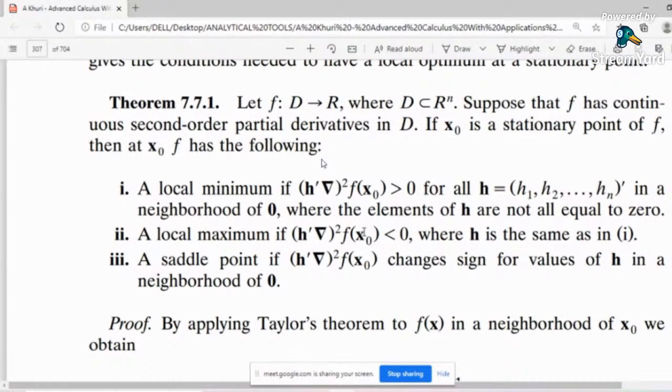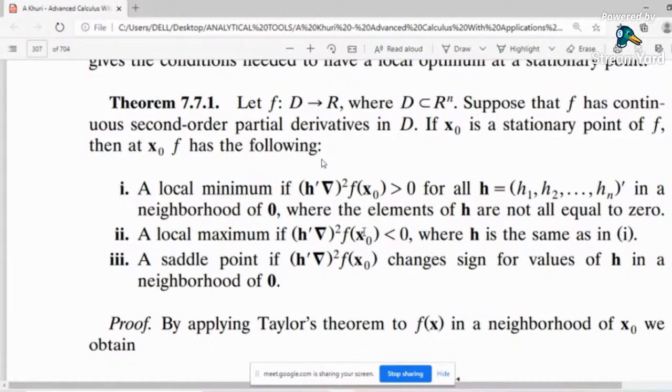F from D to R, where D is a subset of R^n. Suppose that F has continuous second order partial derivatives in D, and x0 is a point of D. Then at x0, F has the following 3 possibilities. The minimum requirement is that F has continuous second order partial derivatives.